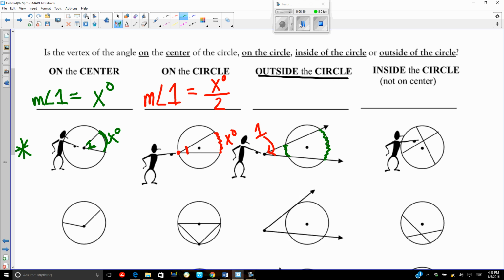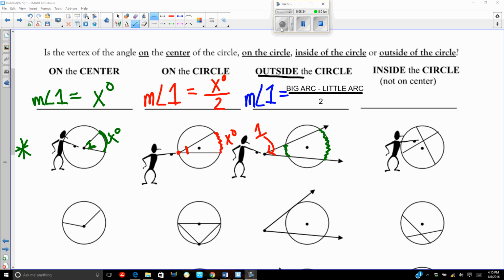So the formula to find the measure of angle 1 that you need to make sure you get down: the measure of angle 1 is equal to the big arc, which is what we're going to call it for now. Try to keep this on that line if you can. Mine looks like it's going to go off the page a little bit.